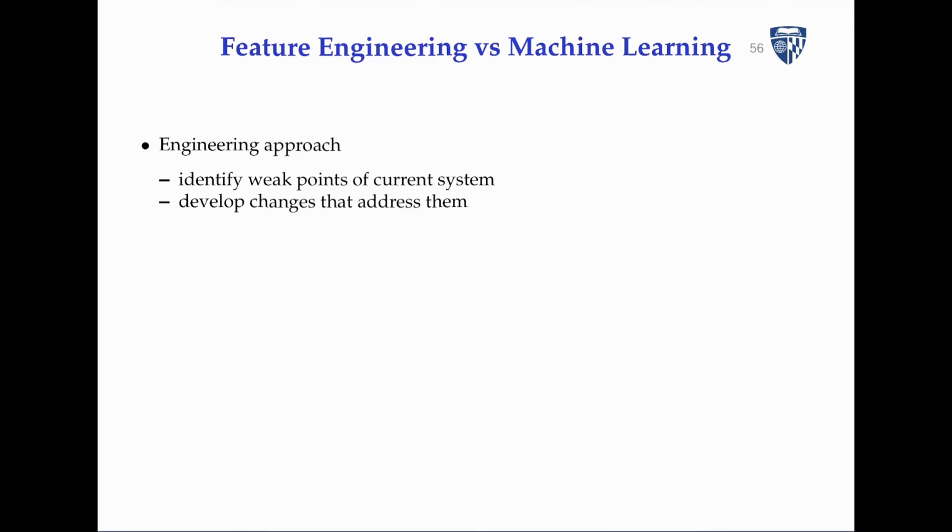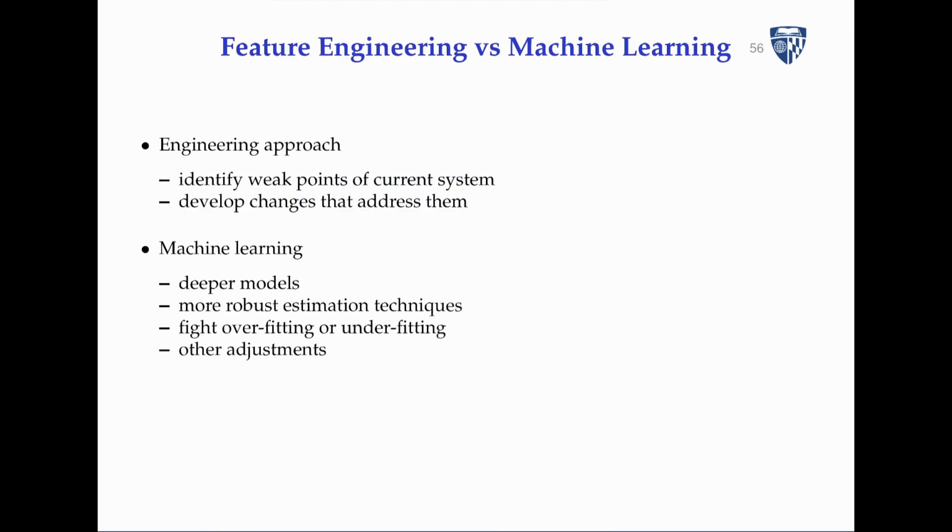What we had here is a bit more of an engineering approach, where we identified weak points in the current systems, for instance that it fails to translate part of the input sentence, and then developed changes to address them. Opposed to that is to just put all your faith in machine learning. If your model doesn't work well, maybe just get a deeper model, maybe play around with hyperparameters, just generally have more robust estimation techniques. Figure out if a problem is due to overfitting or underfitting or any other adjustments you can make.